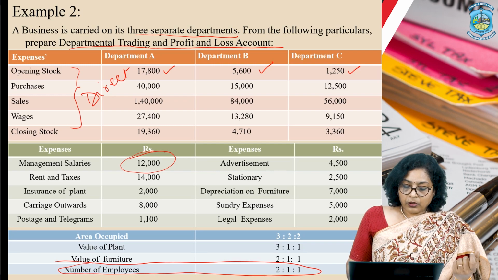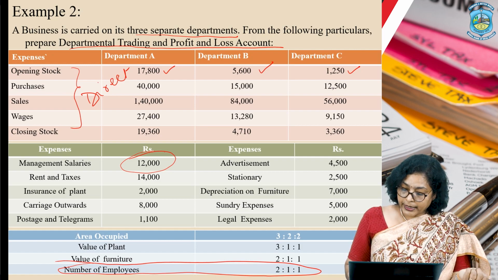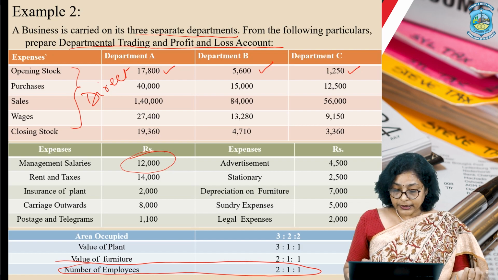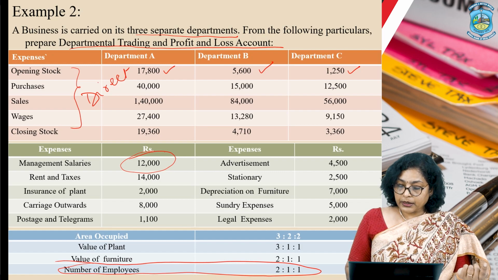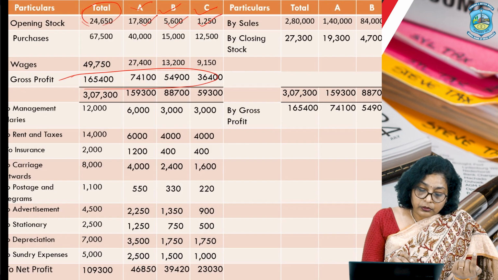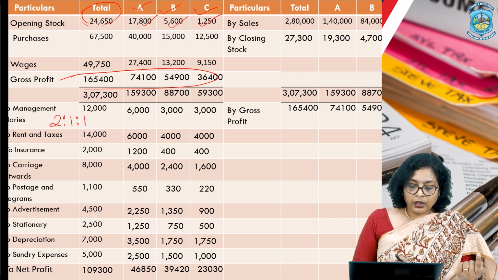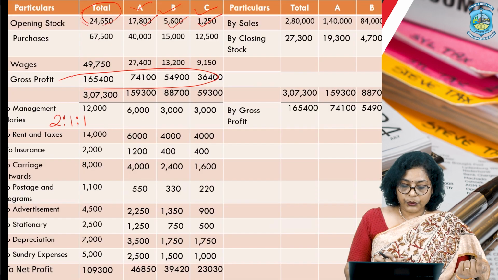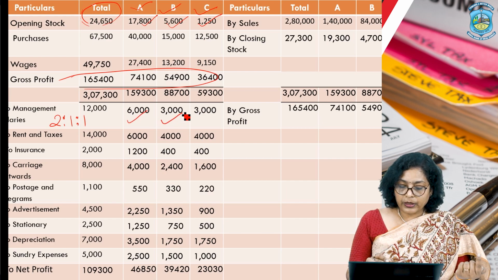It means of the total employees, 2/4 is related to A department, 1/4 to B department and 1/4 to C department. So, salary will be allocated on the basis of number of employees, that is 2:1:1. So, 12,000 into 2 by 4, 12,000 into 1 by 4 and 12,000 into 1 by 4, that is 3,000.